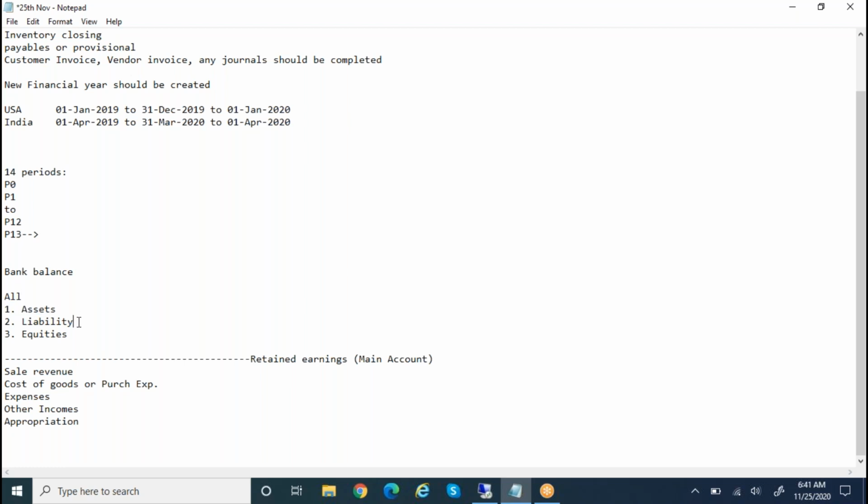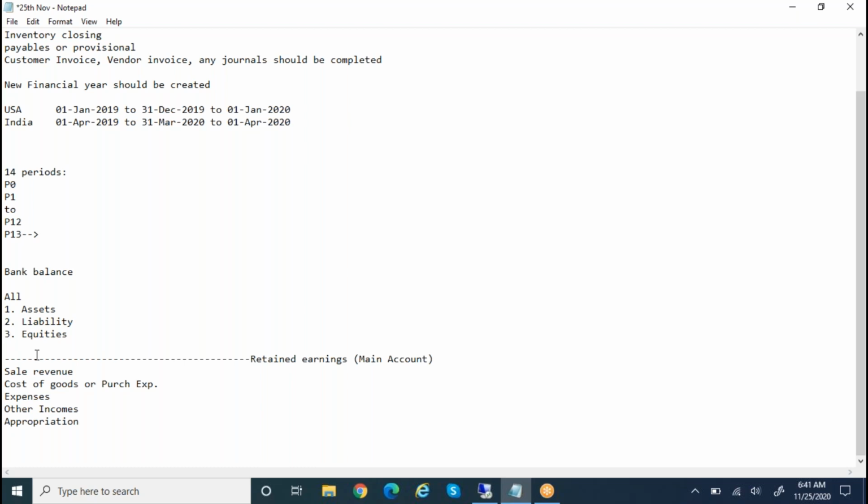Liabilities means vendor accounts, all payables, whatever amounts I need to pay. Another example is if you have any loans, I can make it here. And equities is like shareholders, investors.